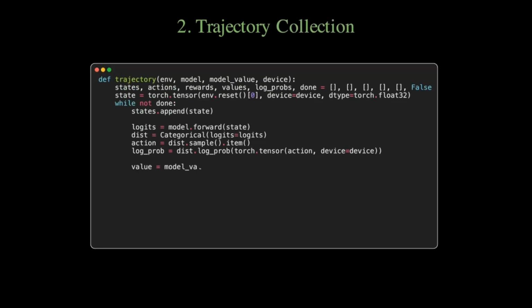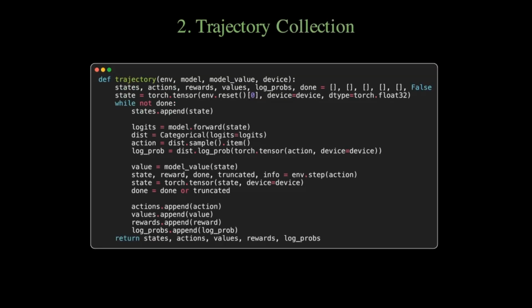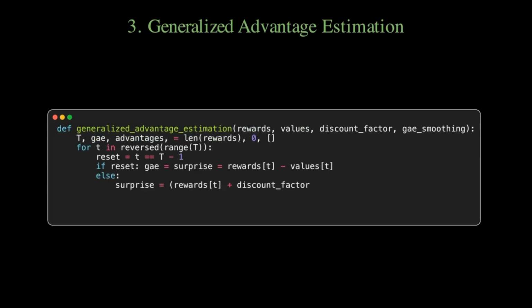But first, using the old model, you go through some gameplays called a trajectory, collecting states, actions at those states, rewards received, and values in a given state from the value model. And then using these rewards and values, one can create the advantages using generalized advantage estimation.